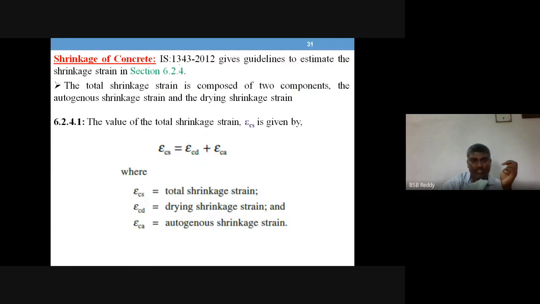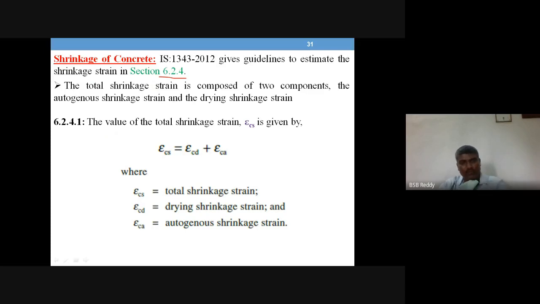Right. The IS code, clause 6.2.4, gives the guidelines to estimate shrinkage strain. So a detailed estimate is given in clause 6.2.4. Open your IS codes and go to 6.2.4.